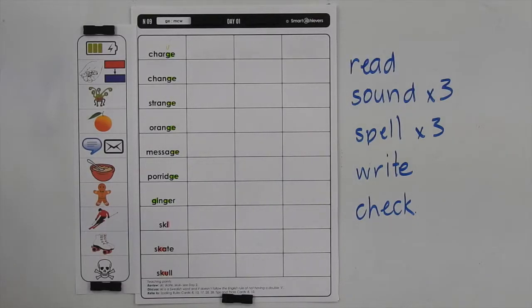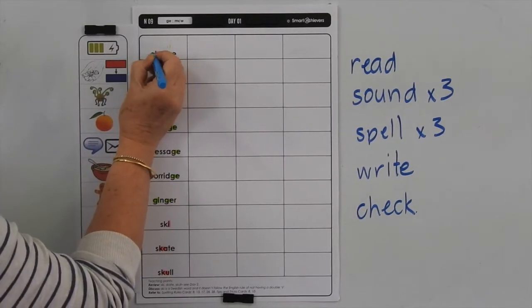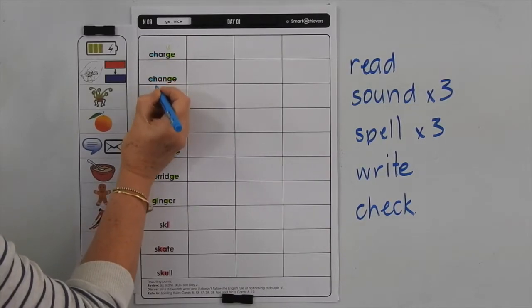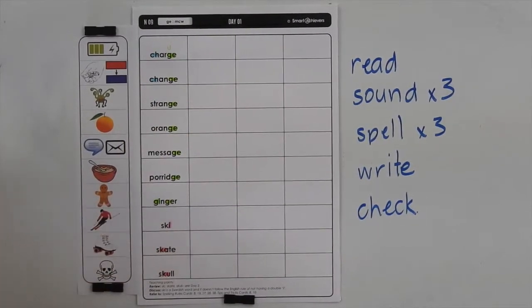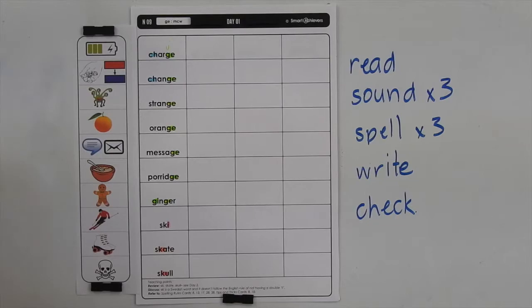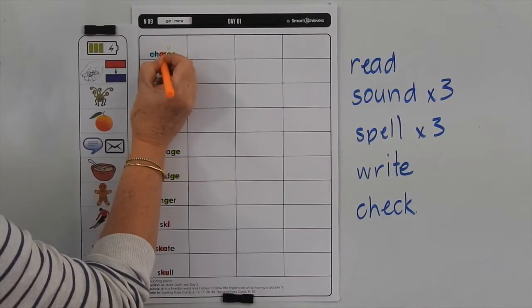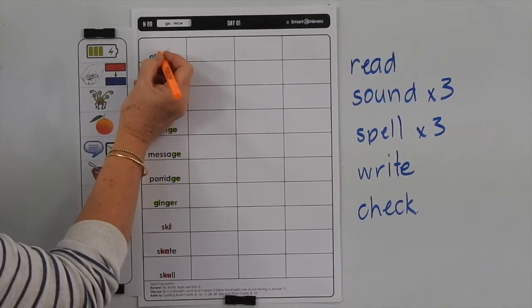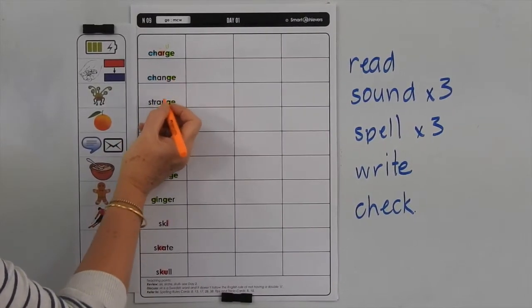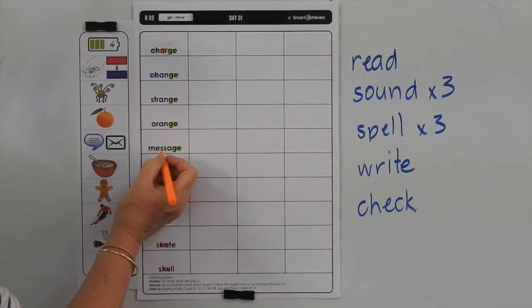So let's have a look up here at the other things that we have to look at in these words. By now you should know that CH commonly makes a ch sound in words. Then you've got the AR, which is an R-controlled vowel, and it makes a long vowel sound. Change, that's pretty easy.